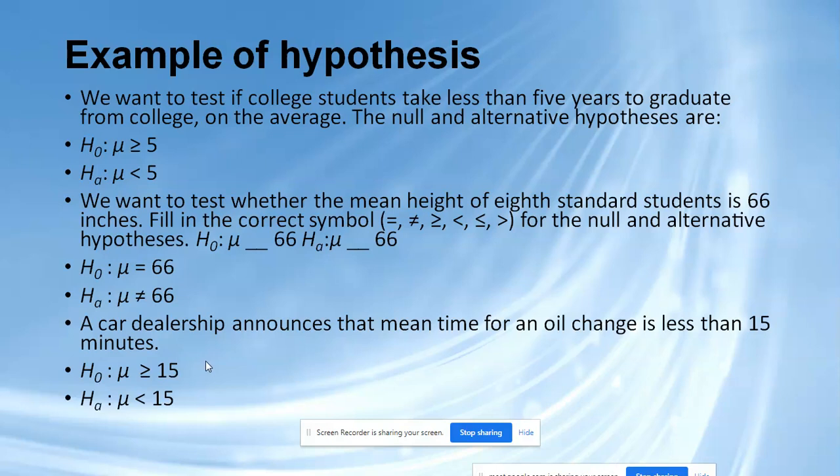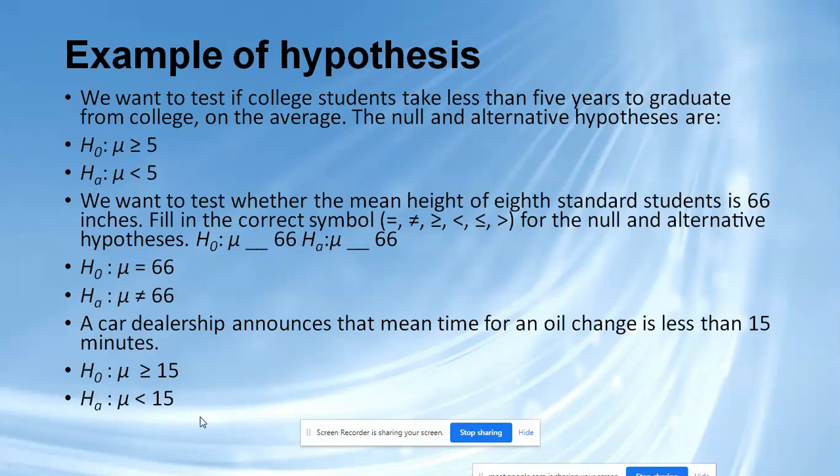And on the contrary, the opposite of the alternative is always the null. So the null states that mu is greater than or equal to 15, because in the alternative we want it to be less than. So the opposite of the alternative is H naught.